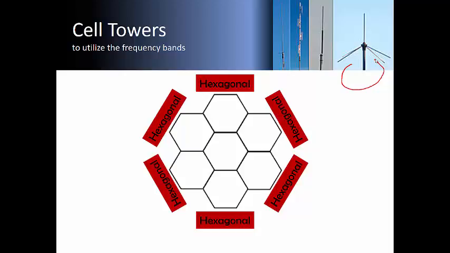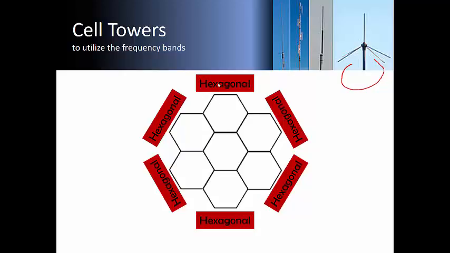So it all varies. So it is not unrealistic to represent the cell tower coverage as a hexagon.